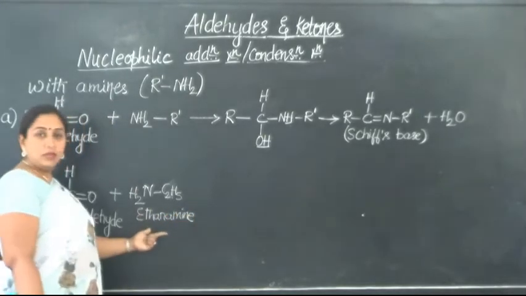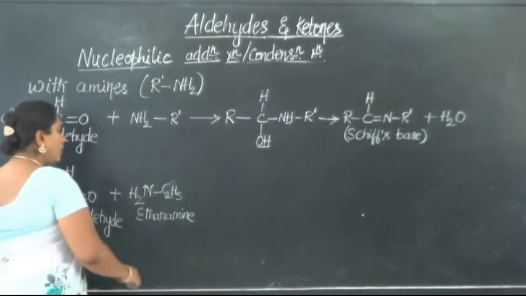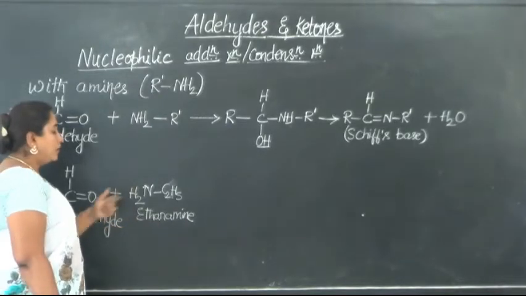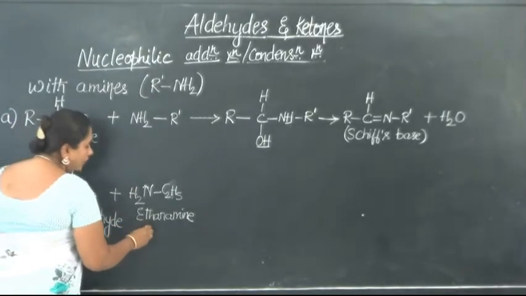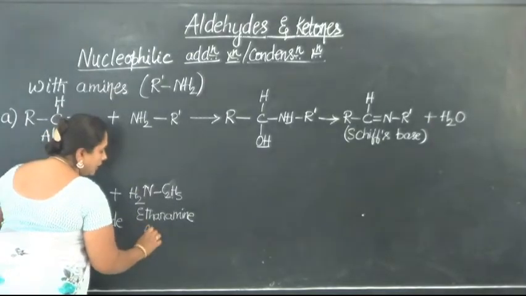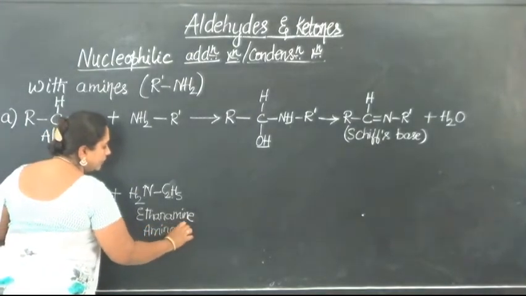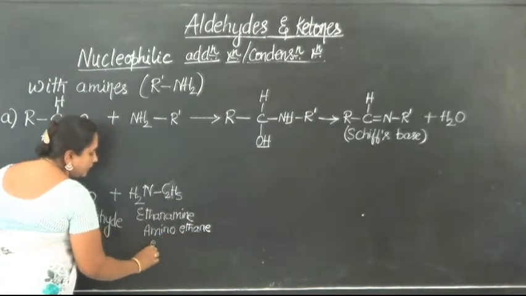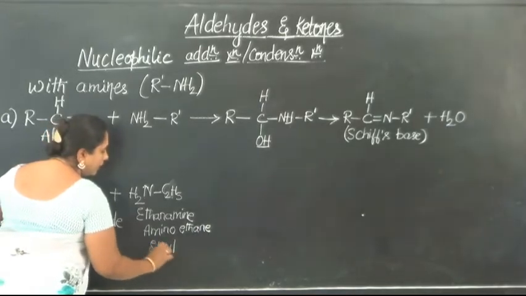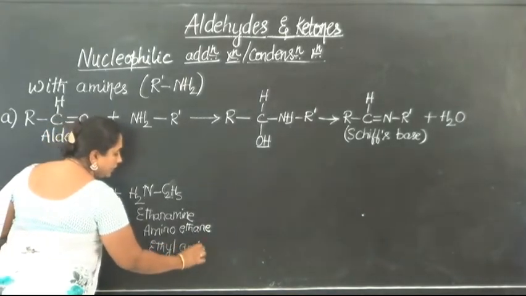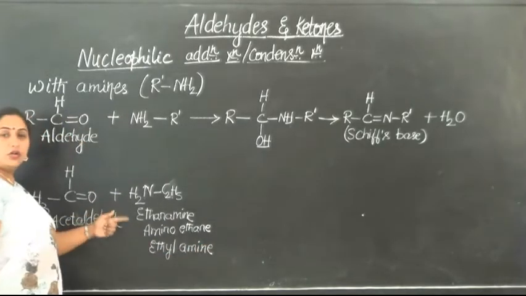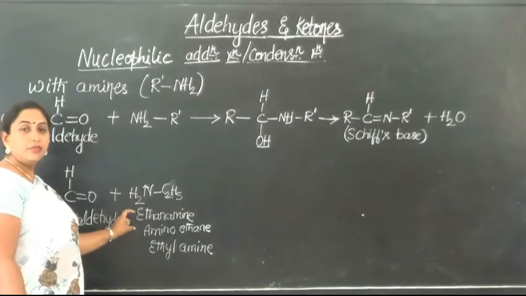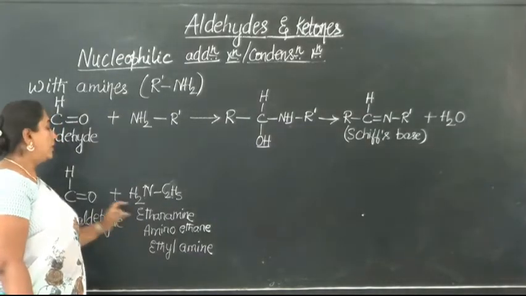Ethylamine is also trivial nomenclature, and ethanamine is the IUPAC nomenclature. One more name for the same compound according to IUPAC can also be aminoethane, and its trivial nomenclature will be ethylamine. You can stick to any name that is convenient, but I would advise you to stick to the IUPAC name because that name is asked frequently in the exam.